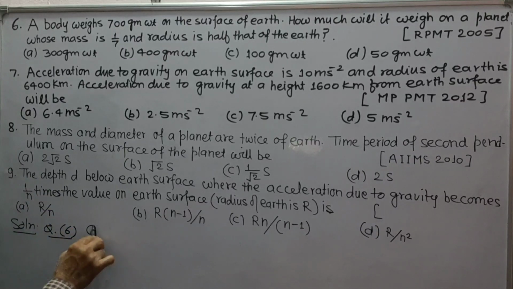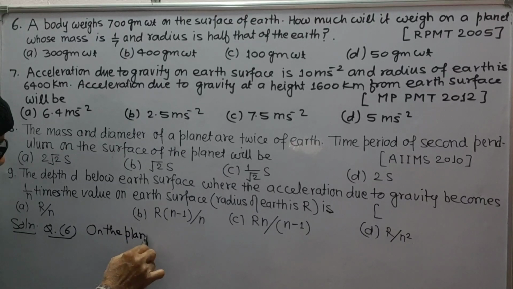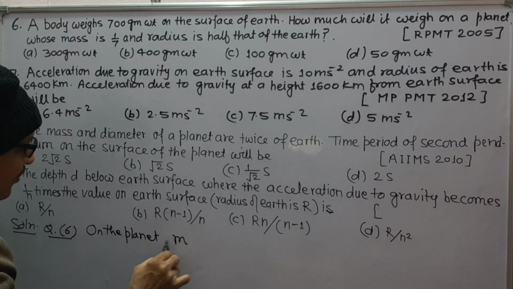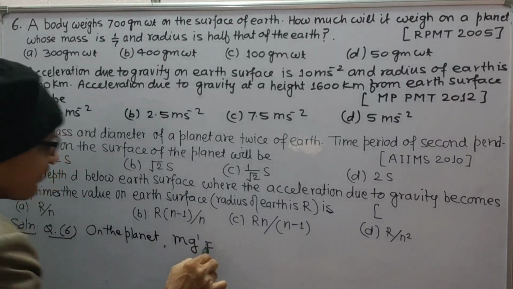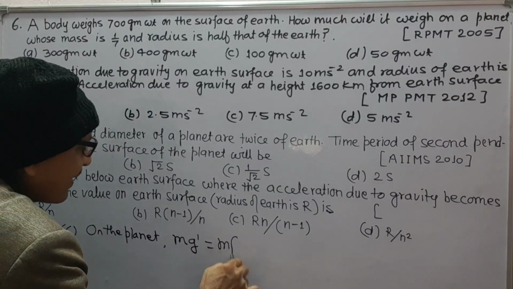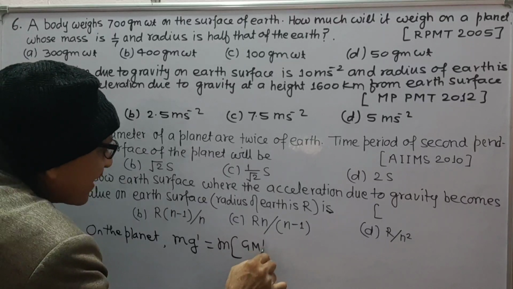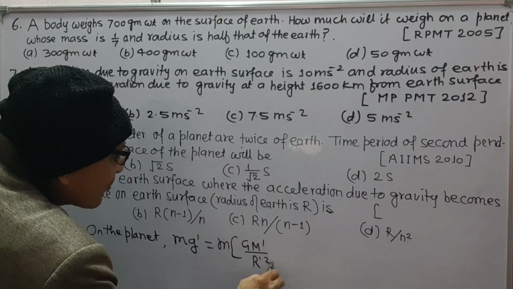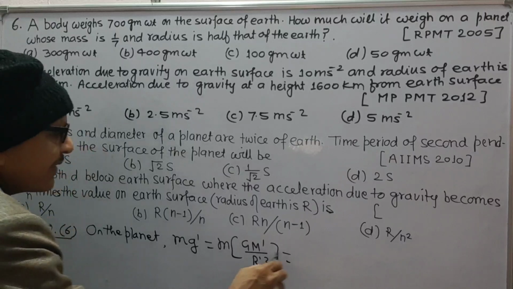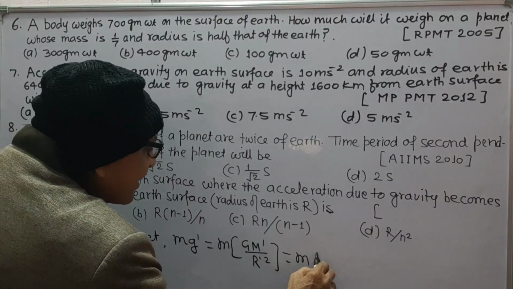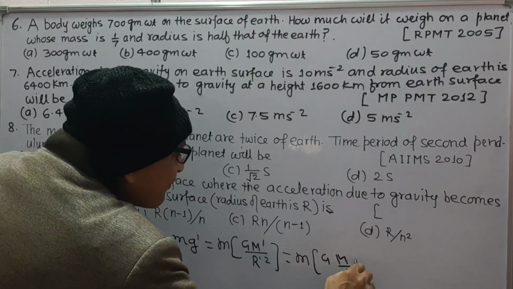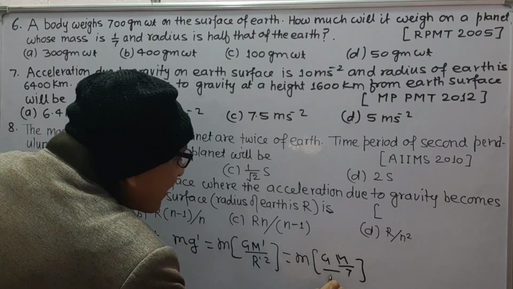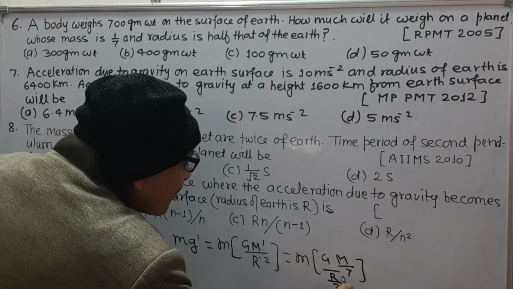On the planet, weight will be equal to mg dash, which can be written as m G M dash upon r dash square, which can be rewritten as m G, M dash is M/7 and r dash is r/2.